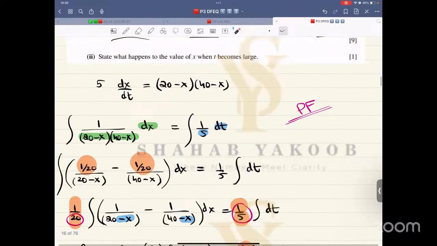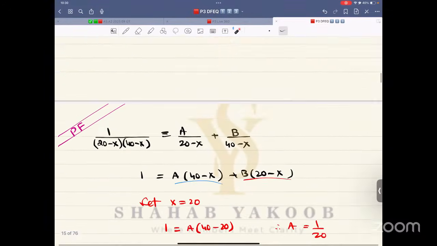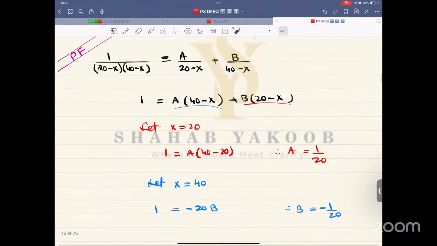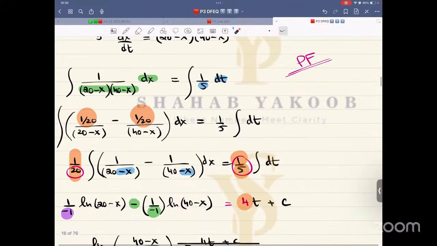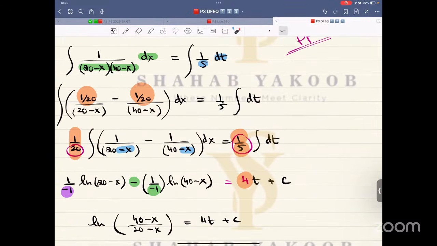The partial fraction working was done earlier, the simple linear case. And again, like 1/4 was taken common, over here 1 over 20 is taken common. The coefficient of x is negative, so there is a negative sign in the middle. Keep that in mind.